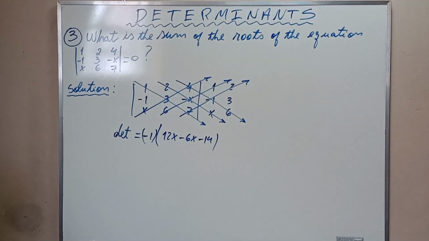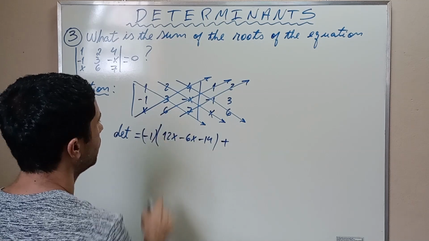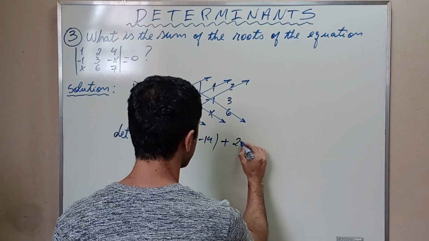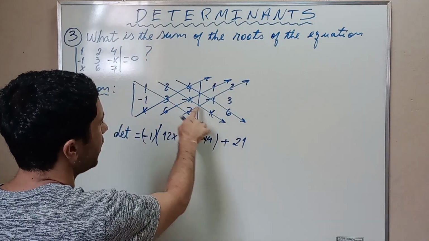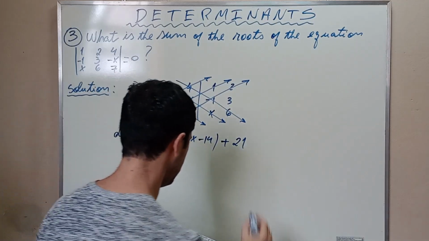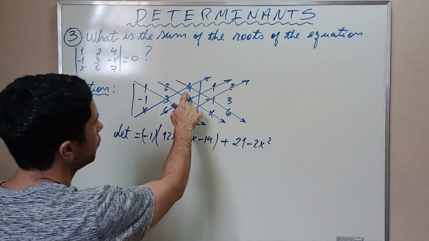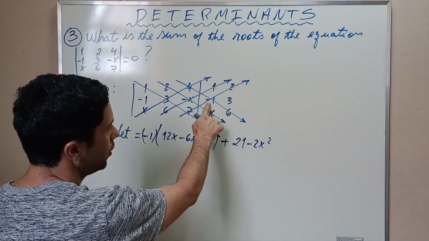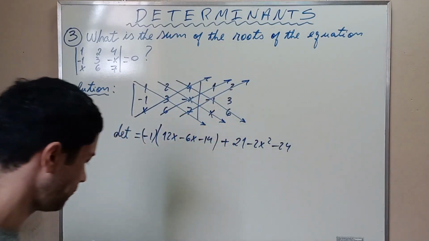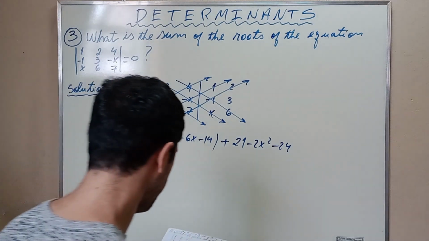Now for the main diagonals, we don't multiply by -1. 1 times 3 is 3, times 7 is 21. -x with x is -x squared, times 2, -2x squared. And lastly, 4 times 6 is 24, with -1, -24.